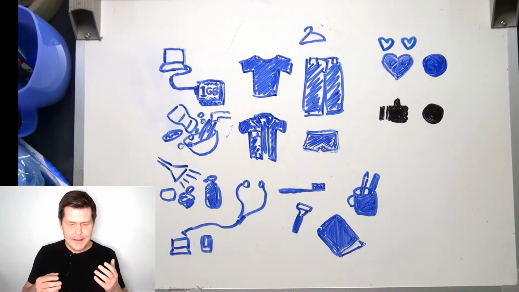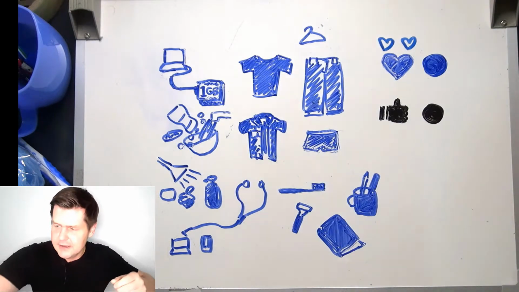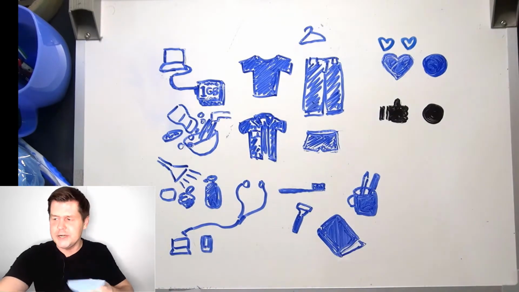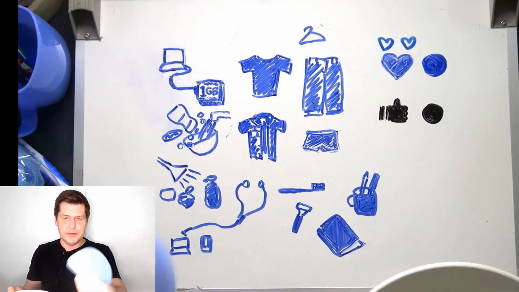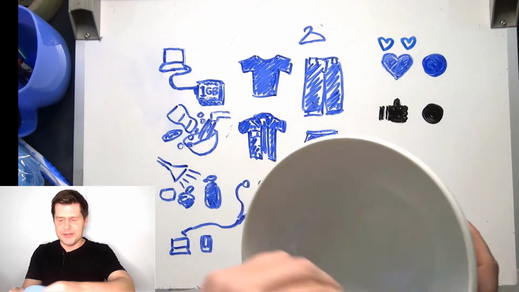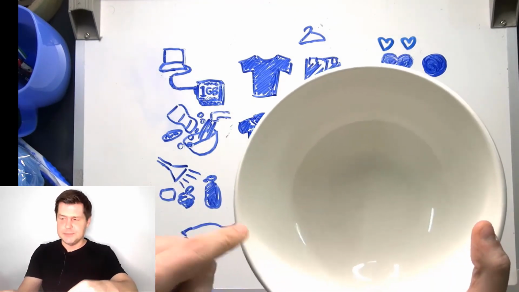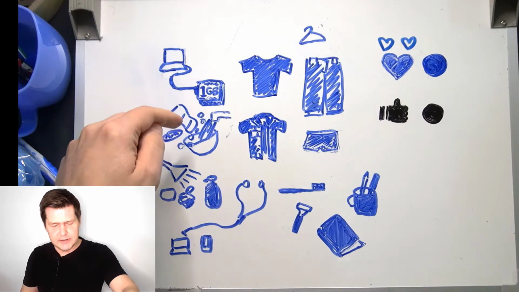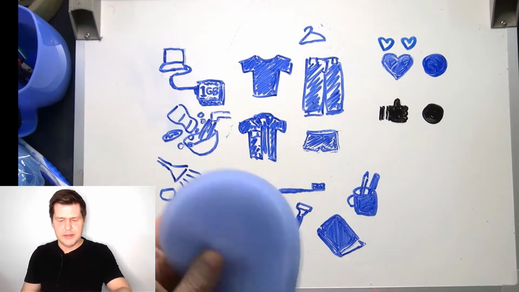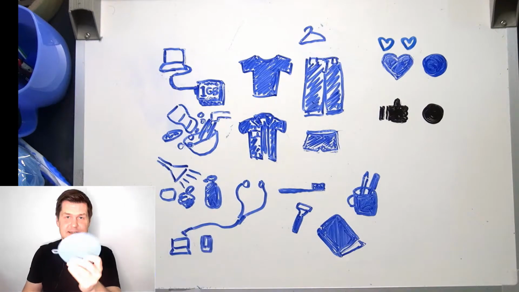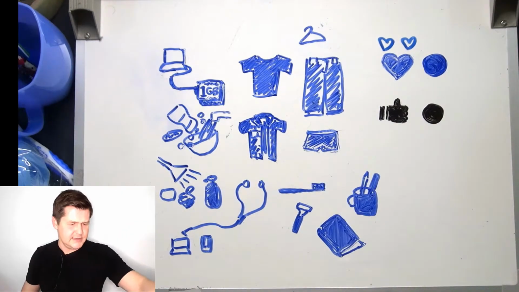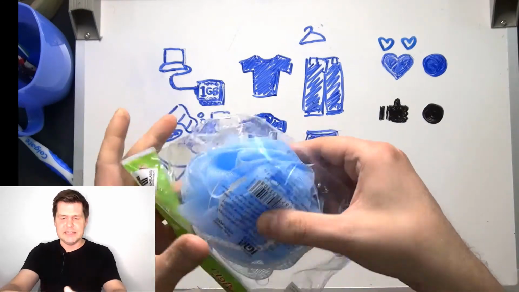For example, I bought this dish pad to wash dishes with. It is blue. I can scrub dishes like this bowl with it. Using soap and water, I can use this to wash dishes. So this dish pad is blue. Another thing that's blue is this shower net sponge.